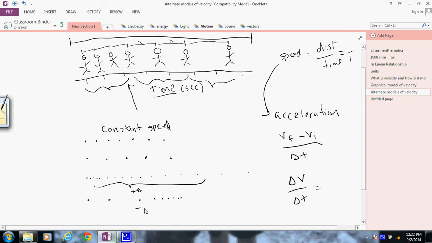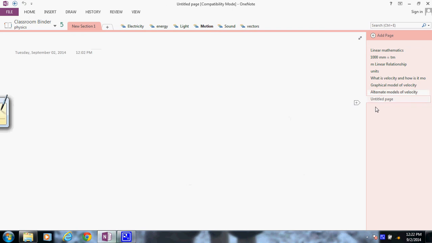One more thing I'm going to mention about acceleration and velocity is that because velocity adds an element of direction, we often say on a scale, it doesn't matter which of our models you use, if we're moving to the right, we would have a positive velocity.